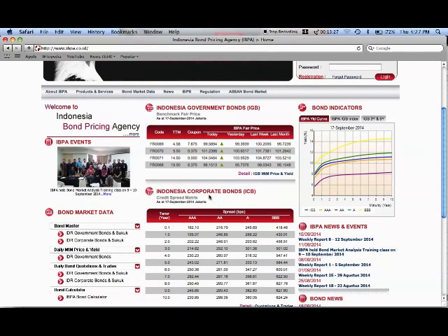Every day they give us the rate for, for example, Indonesian government bonds, called IGB here. The yield curve by maturity, usually known as the term structure of interest, is not the same by maturity.